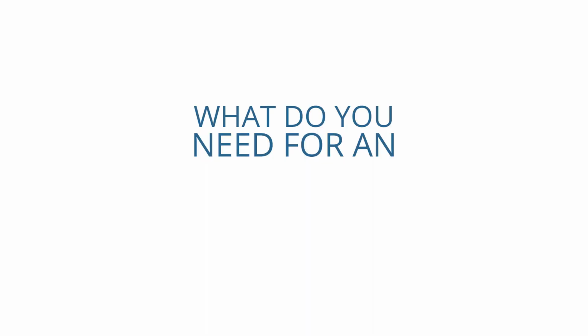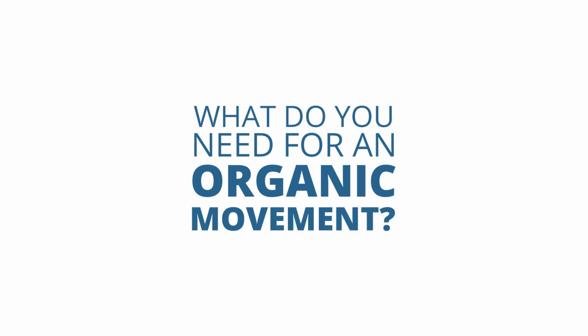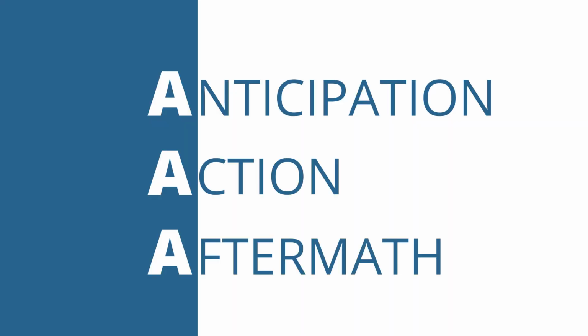I'm gonna teach you how to do all of this in the next lesson. Okay, so what do you need for an organic movement? Just remember, don't do the action alone. That makes it boring. Do anticipation before it and aftermath after the action. So it's anticipation, action, aftermath. That will make your character look alive.